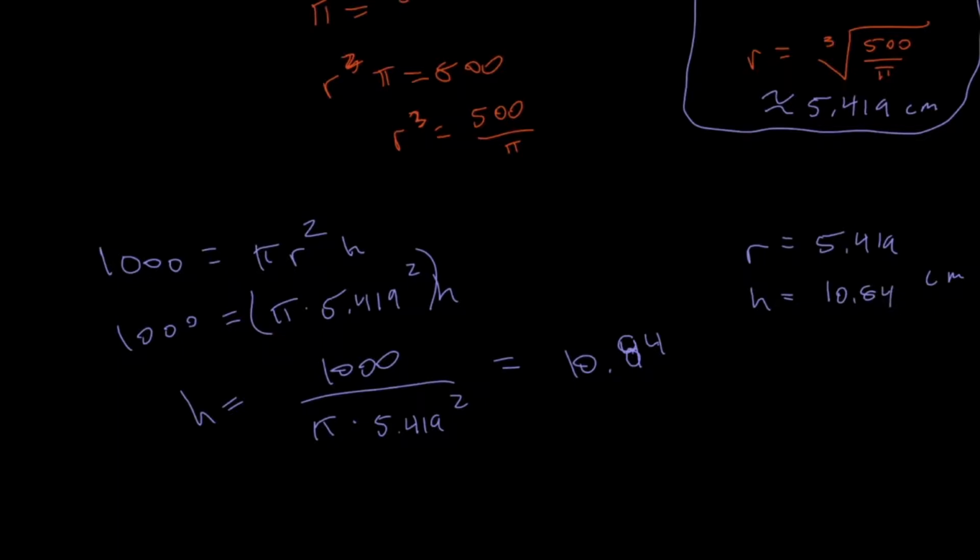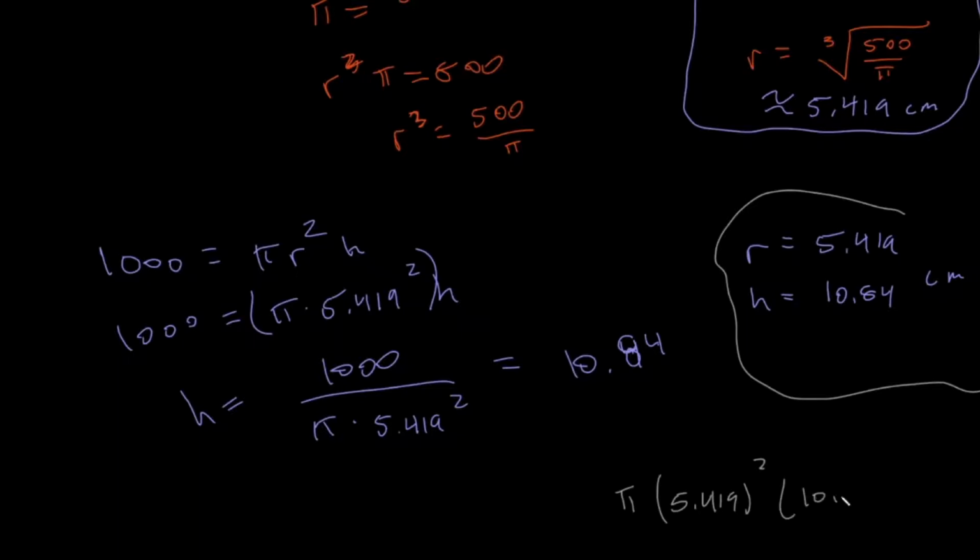And I can also check my answer if I need to. The way I can do that is check that this still stipulates a cylinder that is volume 1000. So that'd be pi r squared h, which is pi times 5.419 squared times 10.84. Is this 1000?